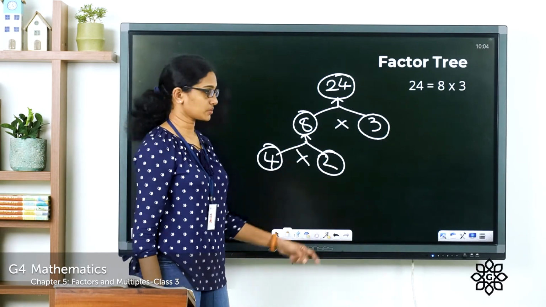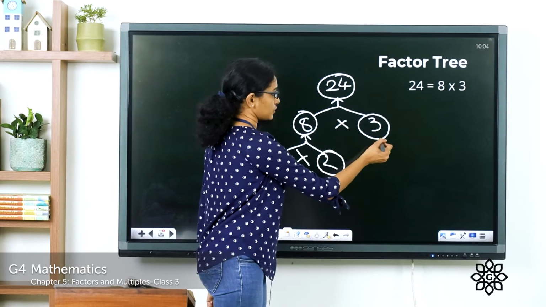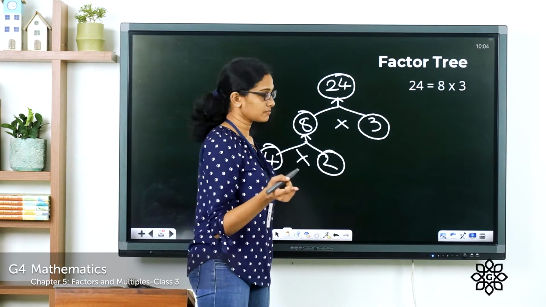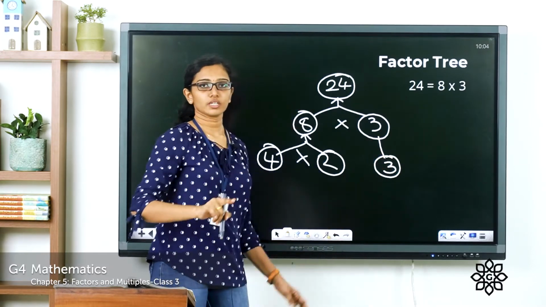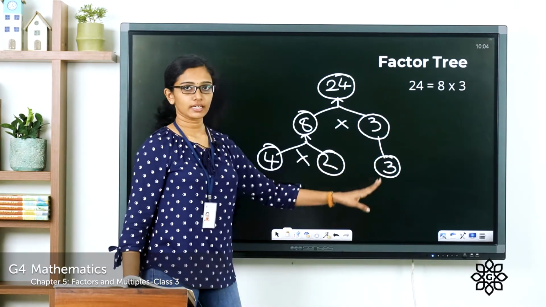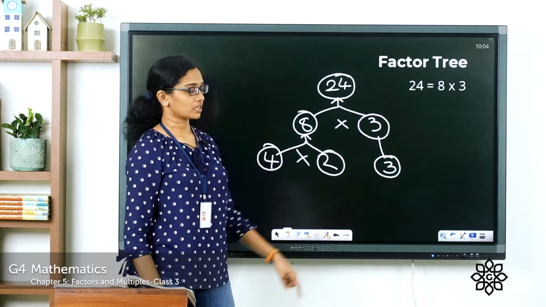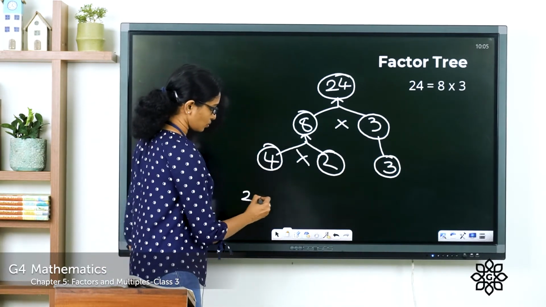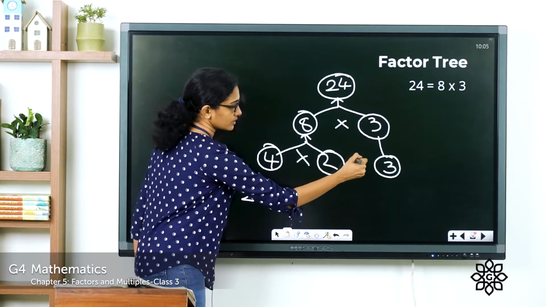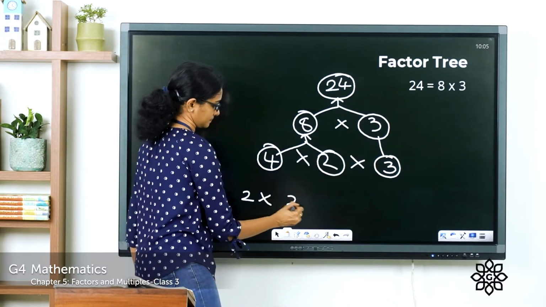We have also drawn arrows here. Now we have to bring down this 3 as it cannot be broken down into more factors. So you don't have to draw an arrow, just draw a line and write 3 as it is inside a circle. Now here we are going to split this 4 again. So 4 is 2 into 2. Don't forget to put the multiplication symbol here.